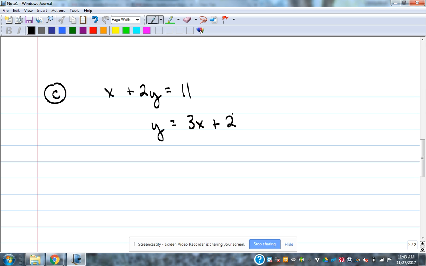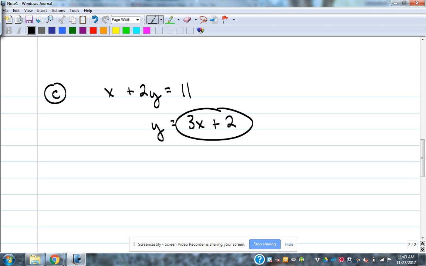So we got two equations. One has x and y on the same side. The other one has y by itself. So that's really in slope-intercept form. Doesn't really matter, it's just got y by itself. That's the key. So this makes this problem a lot like example A, where we had y at the beginning. The only difference is this y has an x involved.